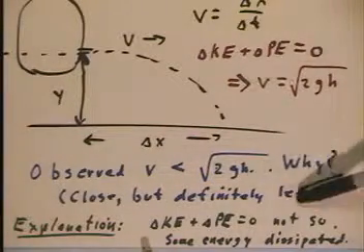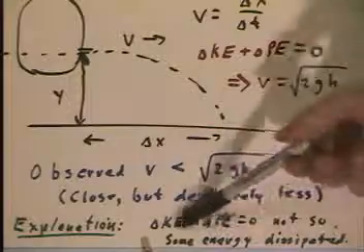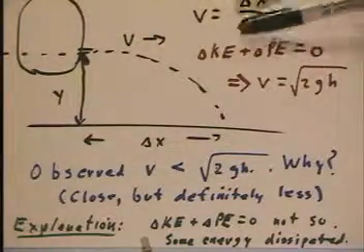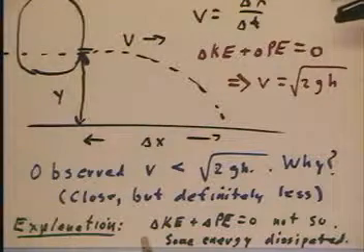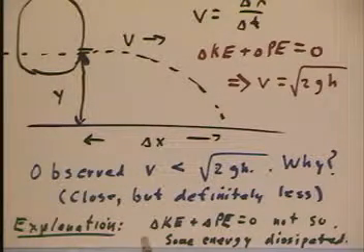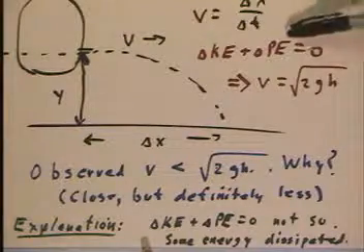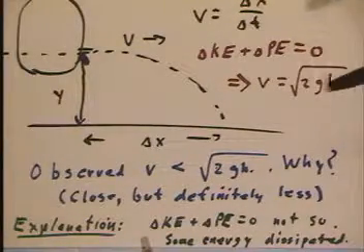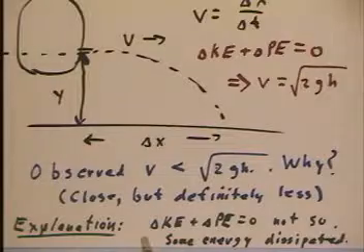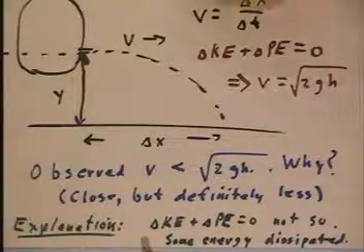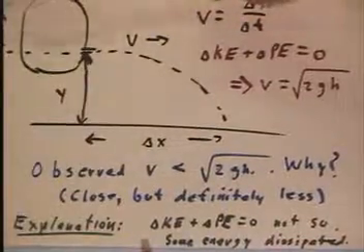Okay, why should that be? Well, one explanation is that some of the energy is dissipated. This assumption that change of kinetic plus change of potential is zero wasn't quite correct. Remember, conservation of energy also takes into account dissipated energy. So if there's dissipated energy, the change of kinetic energy will be less than the change of potential, as we'll see.